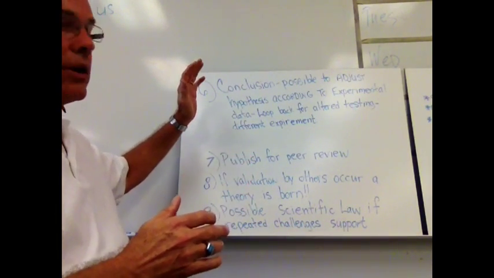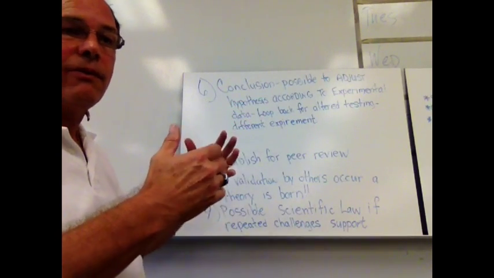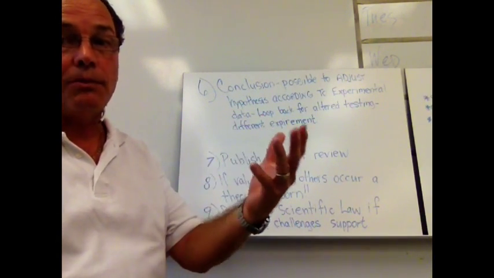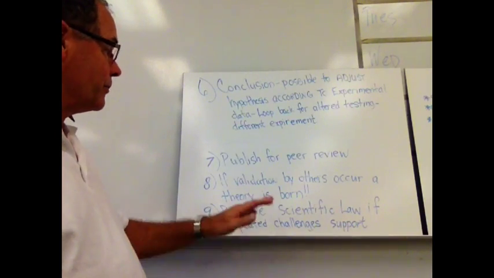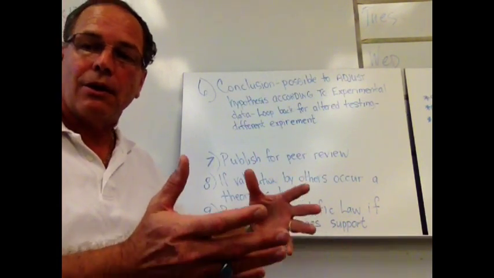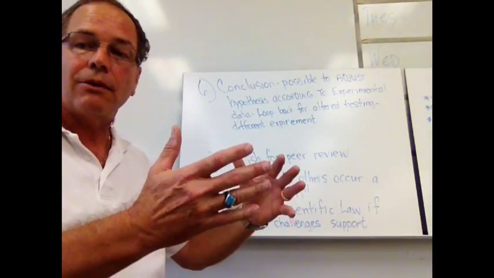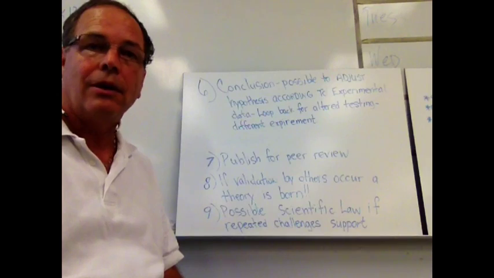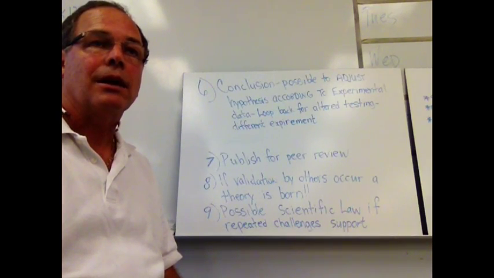Once you have gone through this and you feel as though you can back up your hypothesis, the idea is to publish your results for peer review. Your peers are folks that are in the field, or, you know, for most of us that would be telling our friends, or that would be letting folks know.